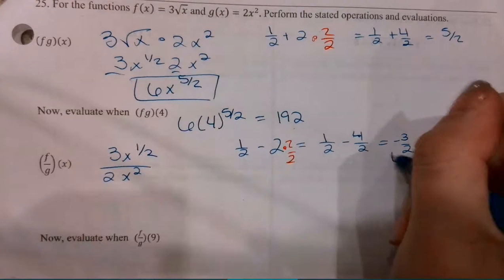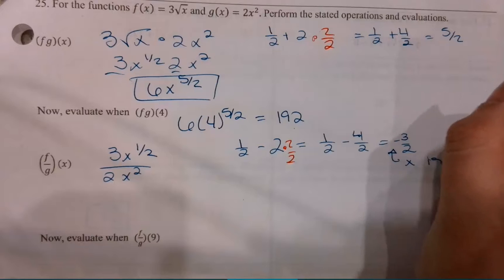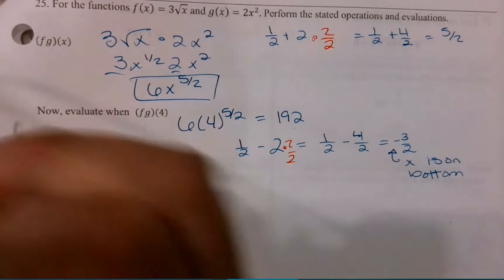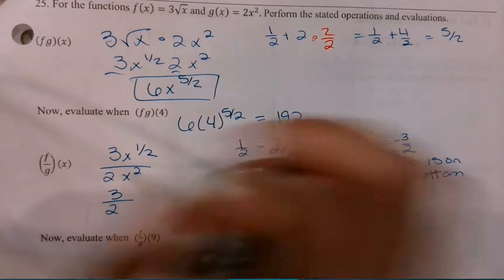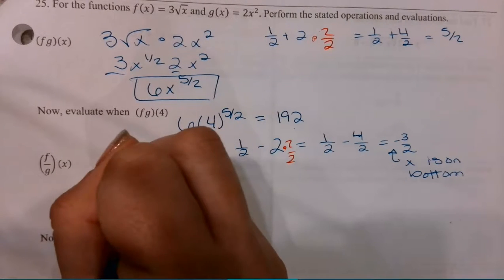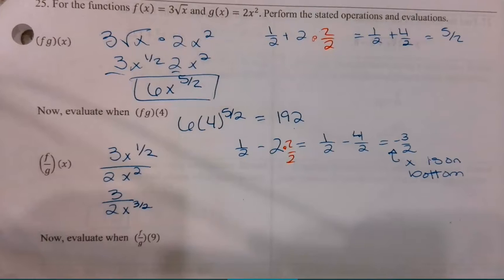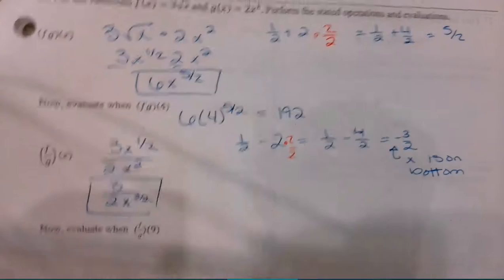That means x is on the bottom. So the numbers don't simplify, so I have 3 over 2. Because the exponent was negative, it's going to go on the bottom and become positive. That's my answer for this one.